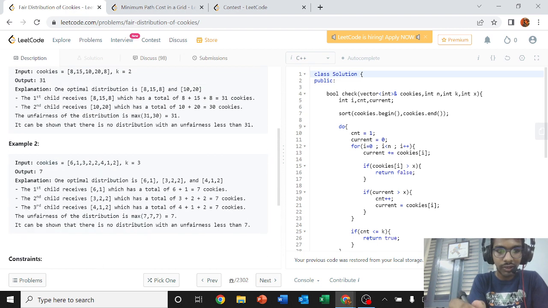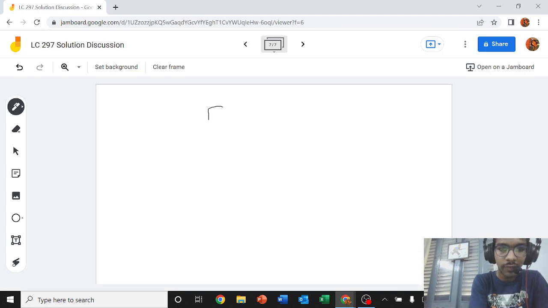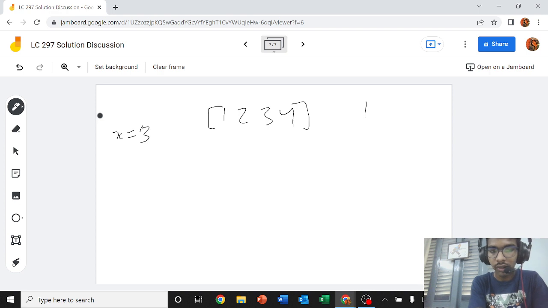Suppose I have these values as 1, 2, 3, 4, right? And I have the particular answer, say, I need to check whether x less than or equal to 3 is possible or not. So 1 plus 2 is 3, up till here it is possible, up till here it is possible, up till here it is not possible, so I will not consider this.